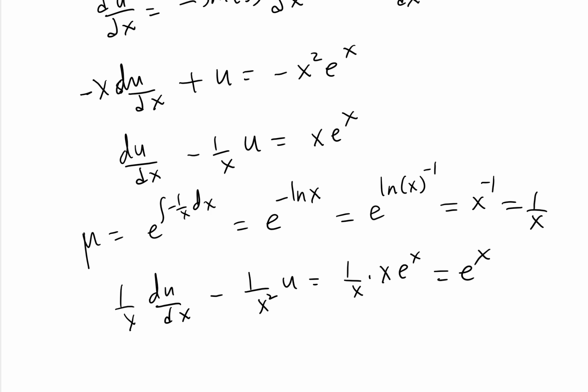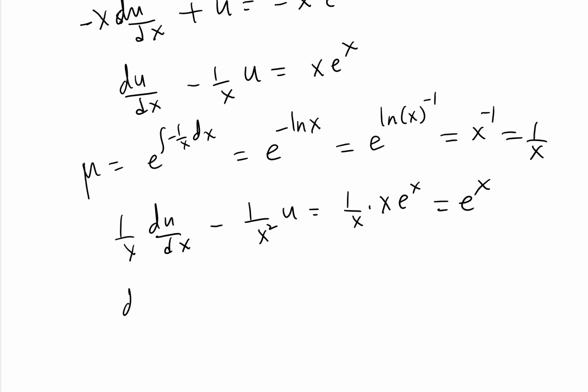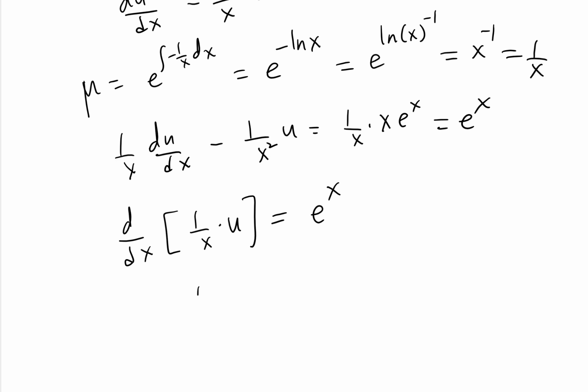The right side becomes e to the x. Then we have d/dx of 1 over x times u equals e to the x. Integrating both sides, we get e to the x plus c.